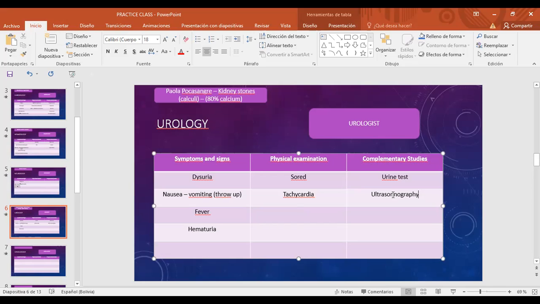We would call it ecografía, right? Yes, and there are some other tests, like the endoscopy, right?